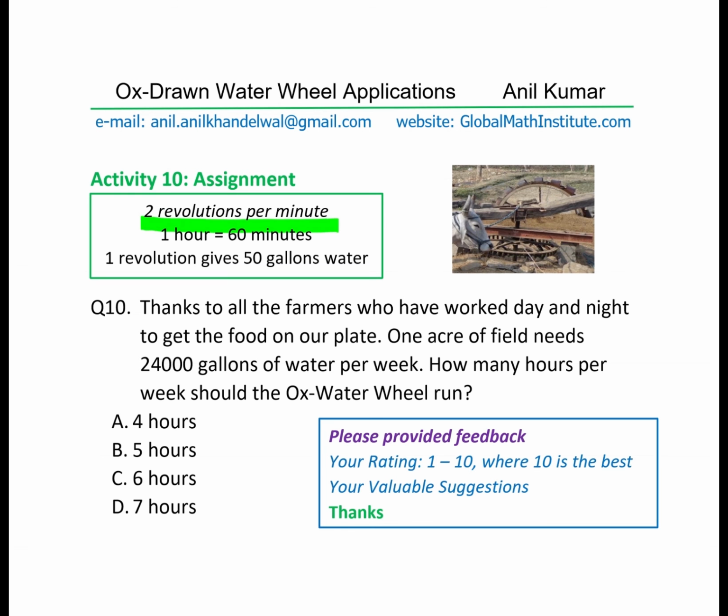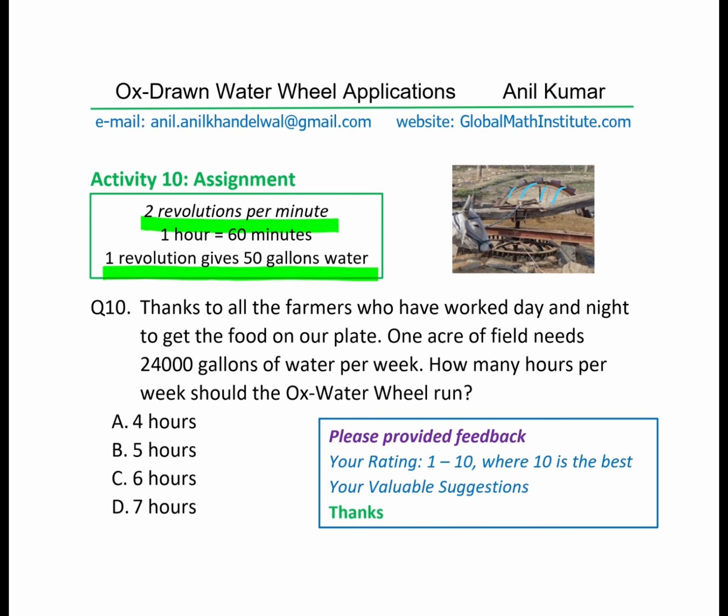You know the conversion, and we also know that 1 revolution gives 50 gallons of water, right? So the gallons of water, this is the water which is dripping as that wheel rotates. Do you see that part, right? Because of this rotation here, they are connected with the shaft. And so the water, these are the buckets that goes into the field, right?